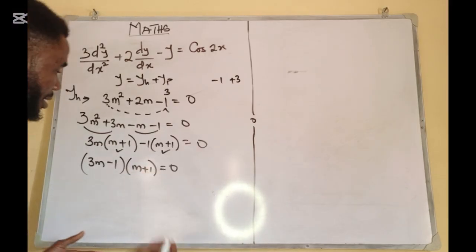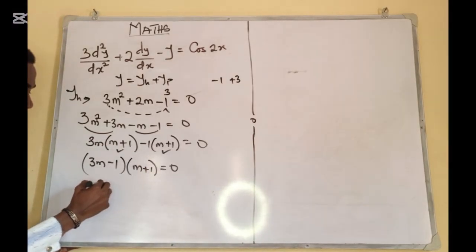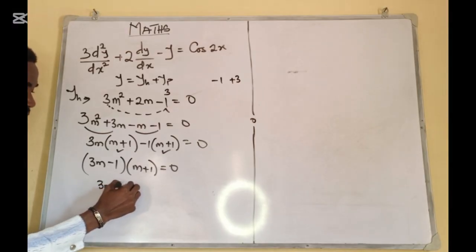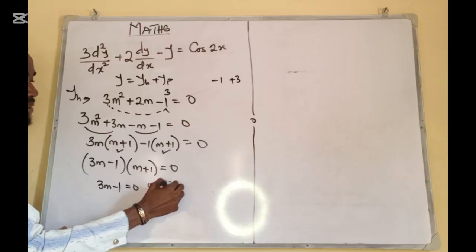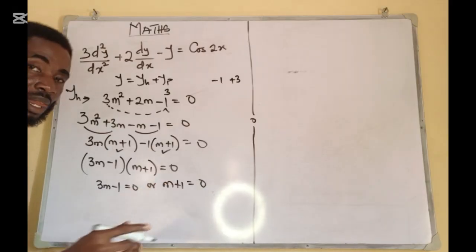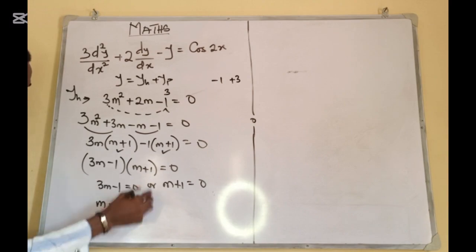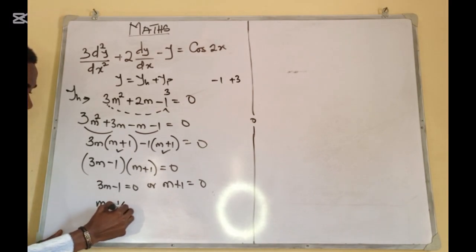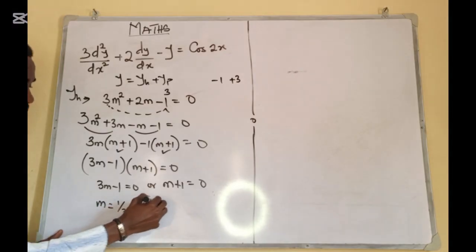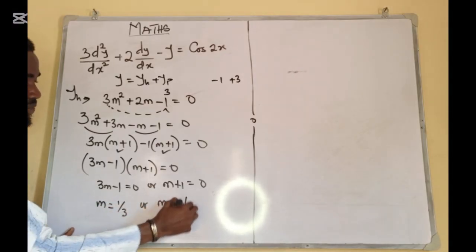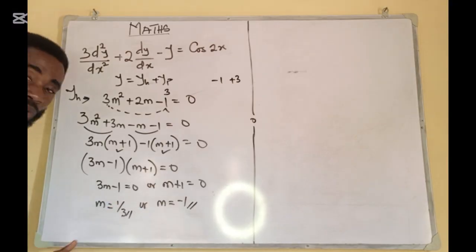It's equal to 0. So here I have it to be, it is either 3m minus 1 equals to 0, or m plus 1 equals to what? Equals to 0. Good. From here I have m is equal to 1 over 3, or m is equal to negative 1. Exactly. And this is what I have now.